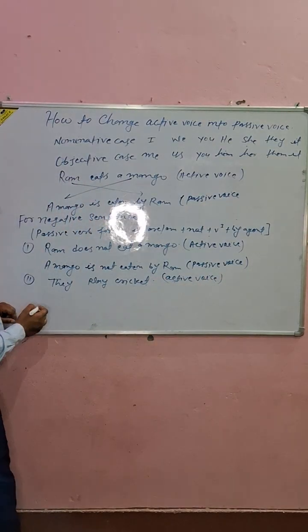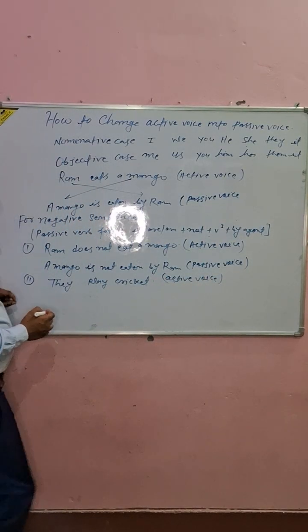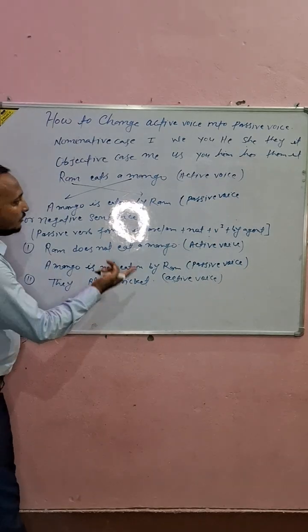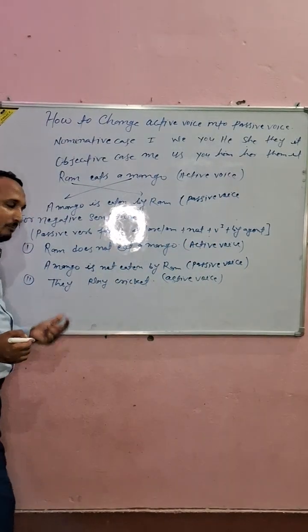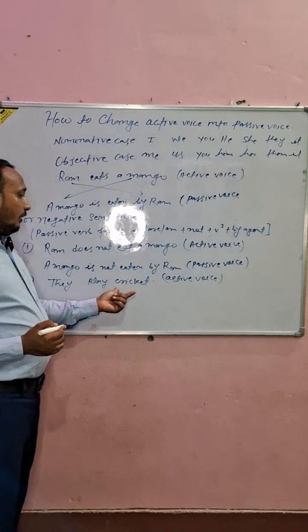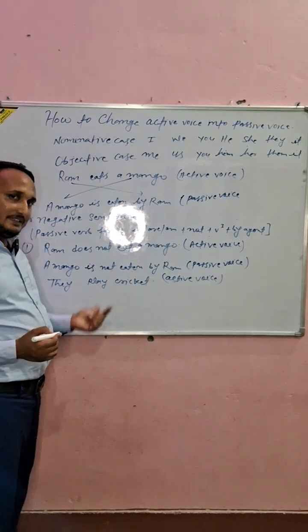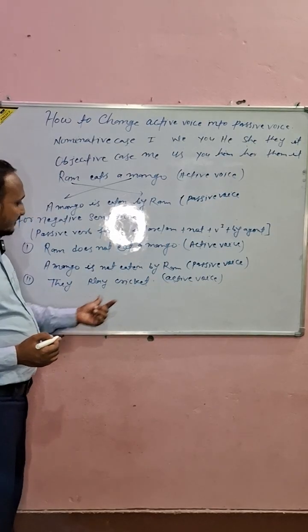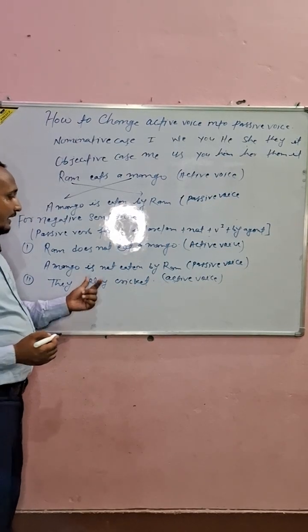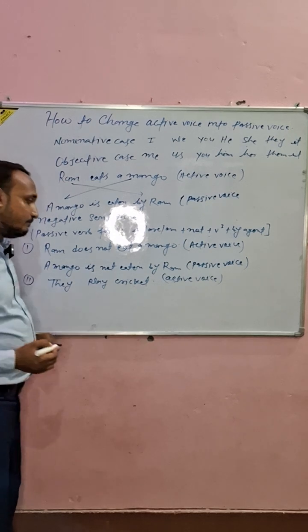So let's try to change it into passive form. Just before, I told you, always remember this cross method: the object of an active voice is always changed into the subject of a passive form.